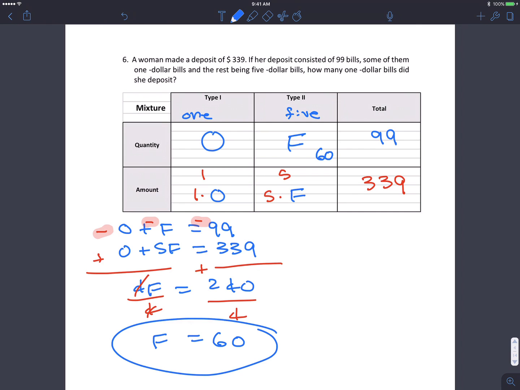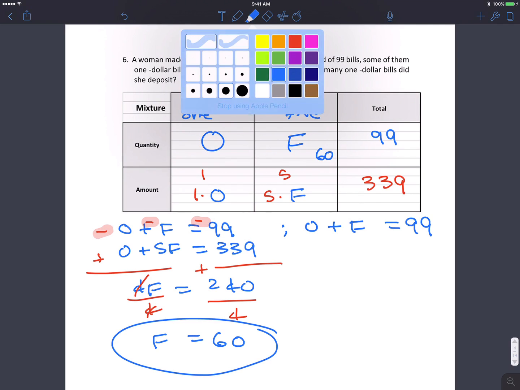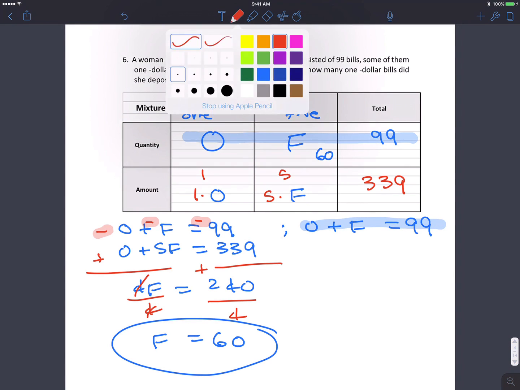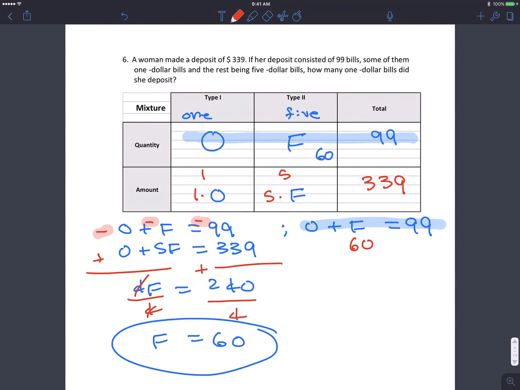Now, if I have sixty $5 bills, let's go back. O plus F was 99 to begin with, right? This is my quantity equation up here. So I'm going to write down that equation, and use the value for F to be 60.